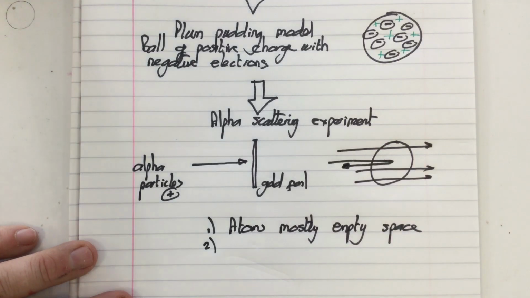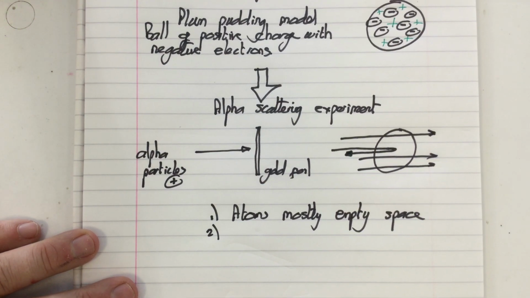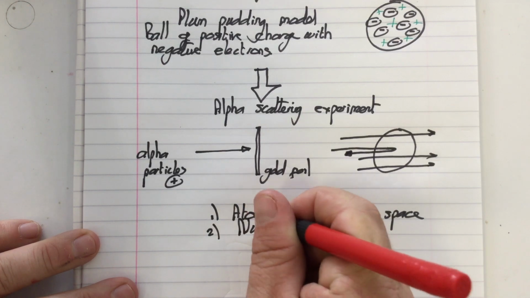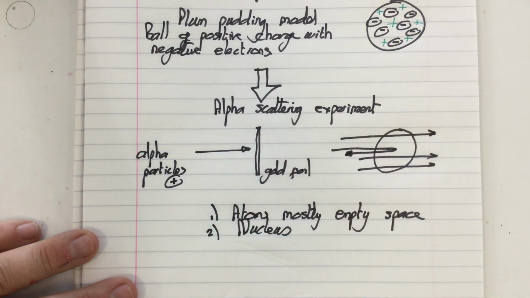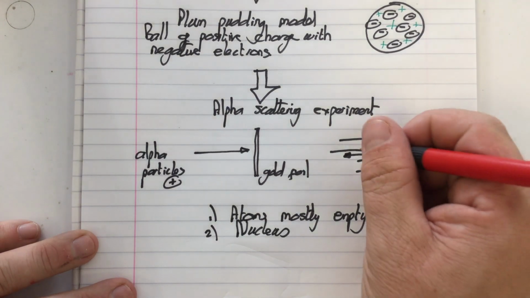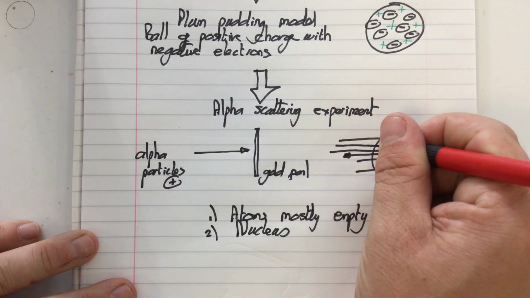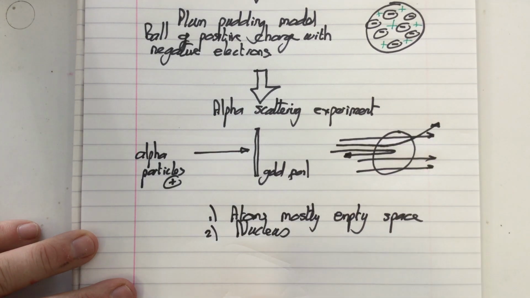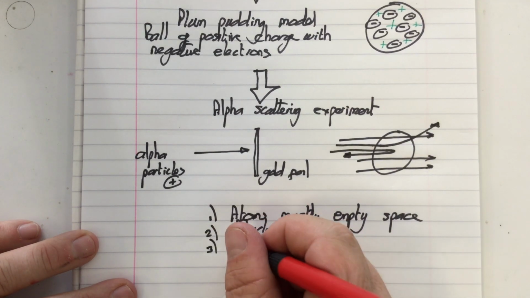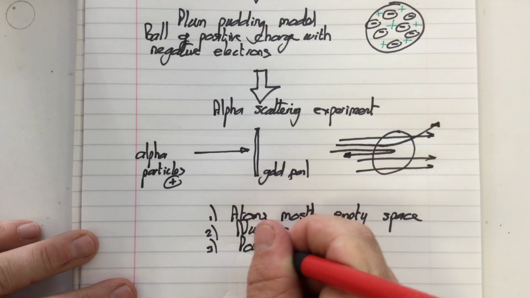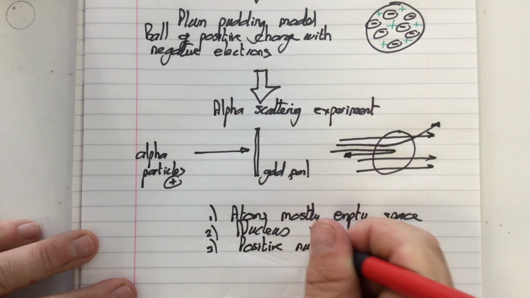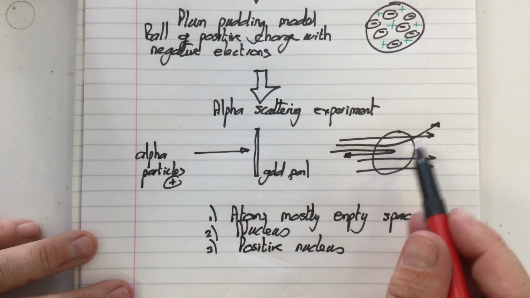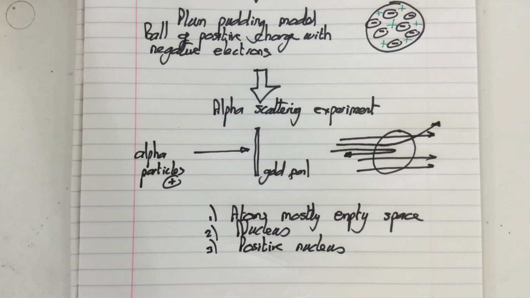That was an amazing result, because that showed there was a nucleus, something in the middle. They also found that ones that got quite close to the middle got deflected. That told you the nucleus was positive, because the alpha particles were positive and were being repelled by the positive nucleus.